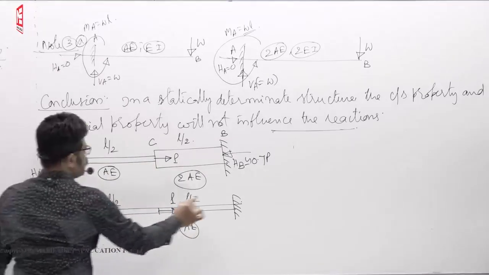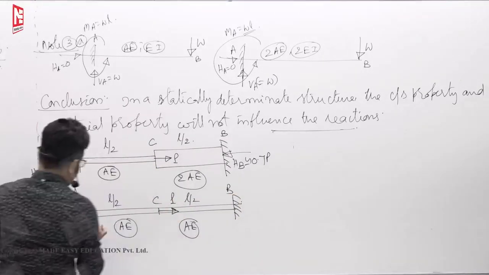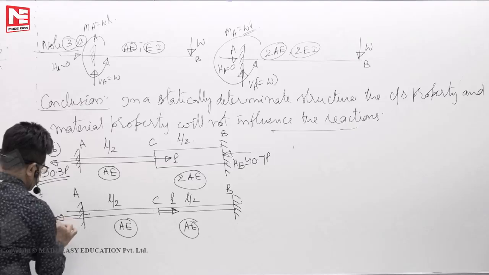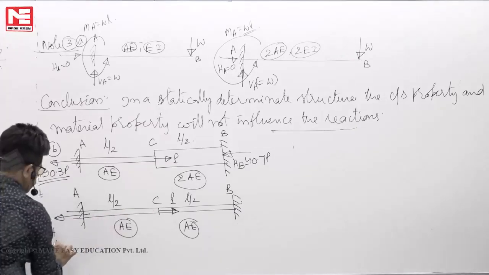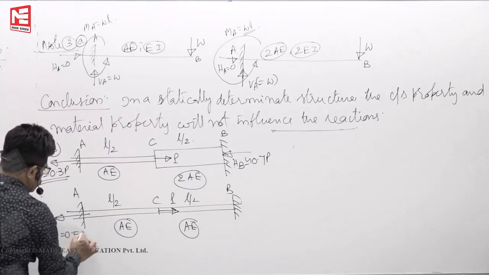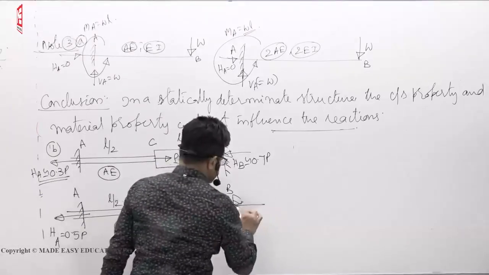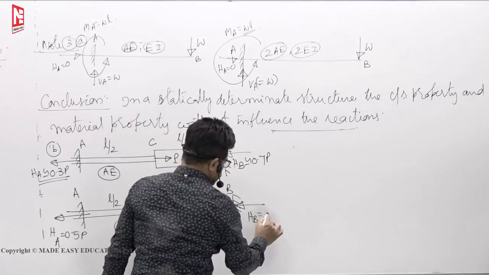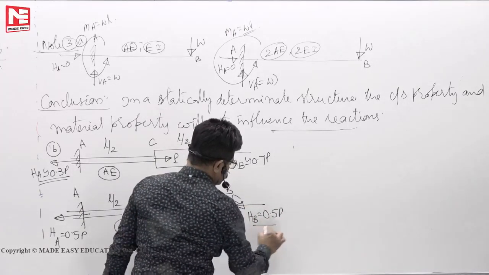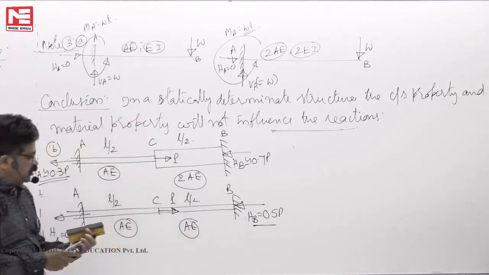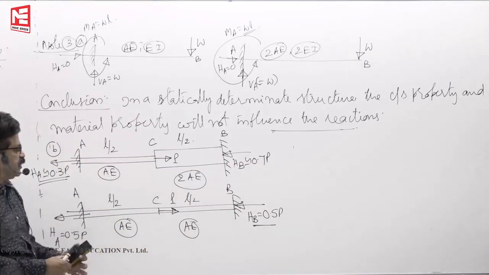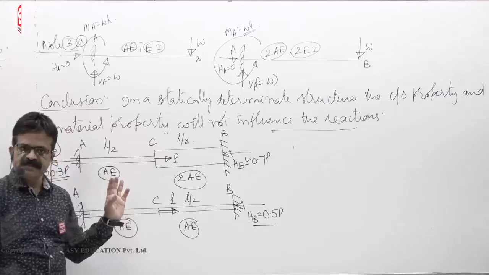For this case you have studied already. Because lengths are the same, HA is 0.5 P, HB is 0.5 P. That means it depends on the relative stiffnesses of the members.